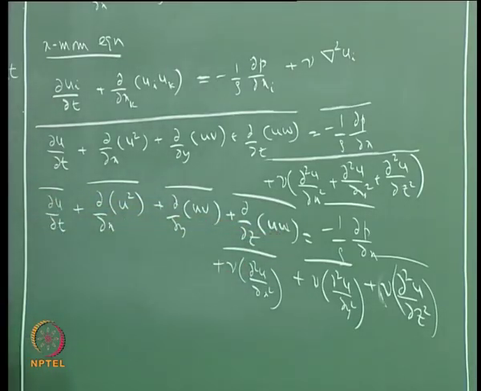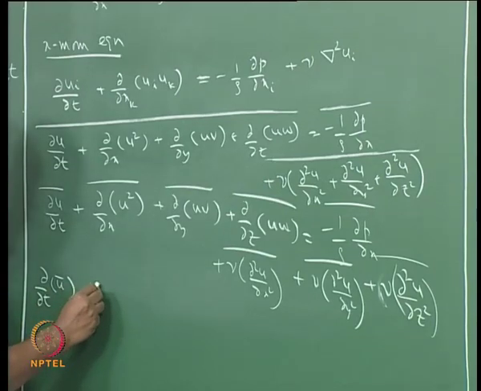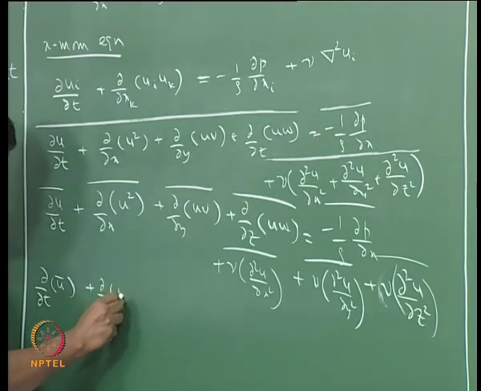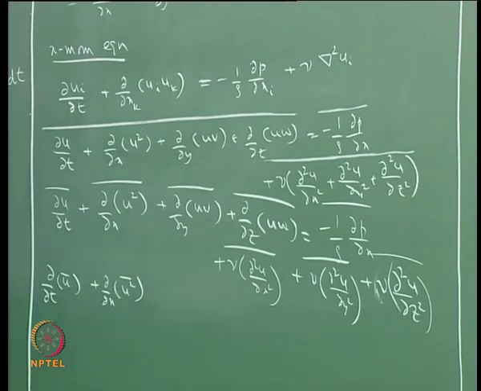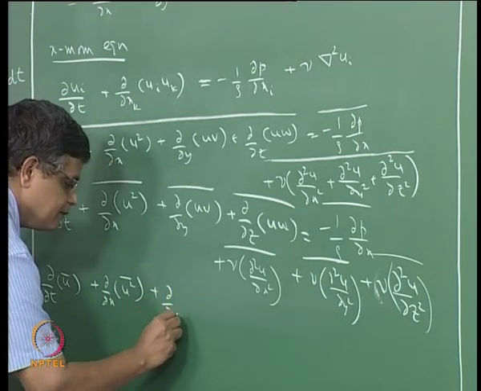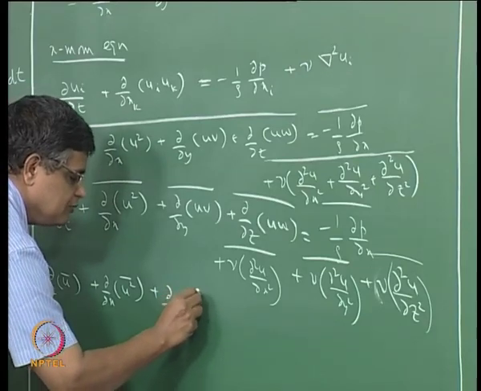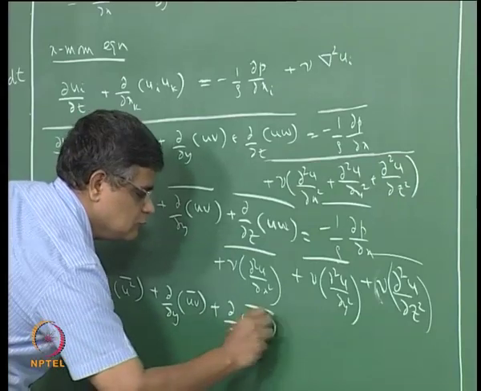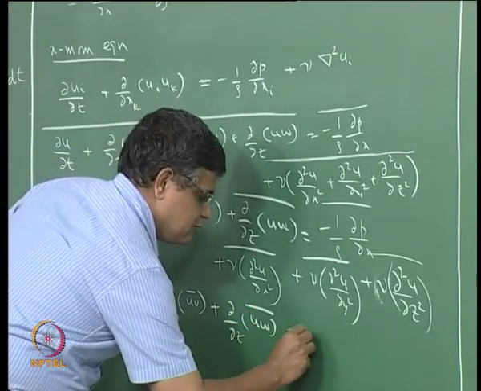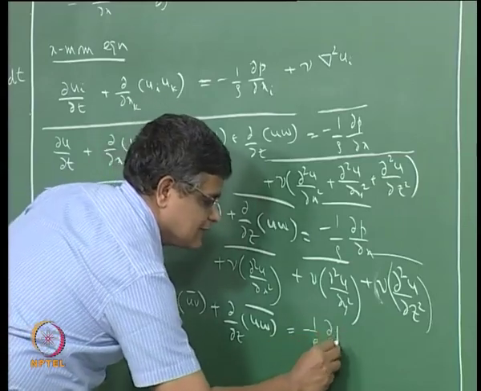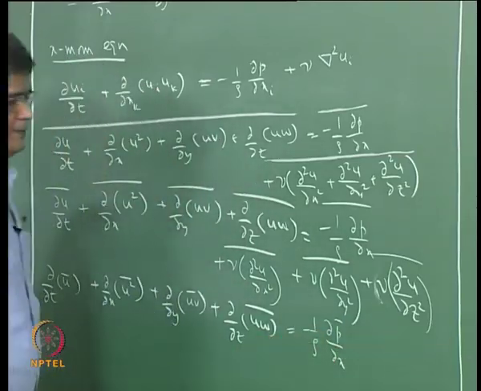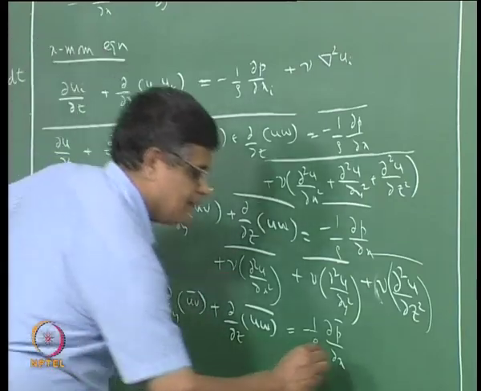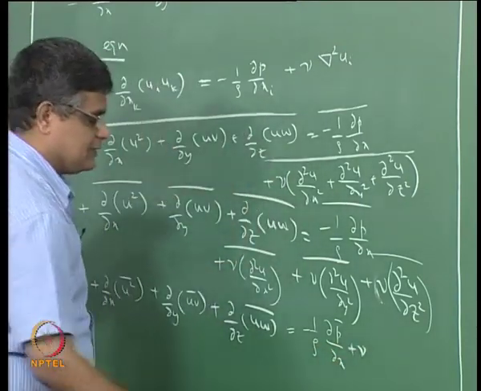So we can write this as the partial derivative with respect to t of ū, plus ∂/∂x of the average of u square, plus ∂/∂y of the average of uv, plus ∂/∂z of the average of uw, equal to minus 1 over rho, which is constant, so this is ∂p̄/∂x, and plus nu is again constant.